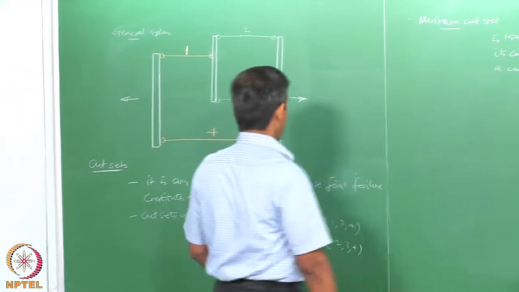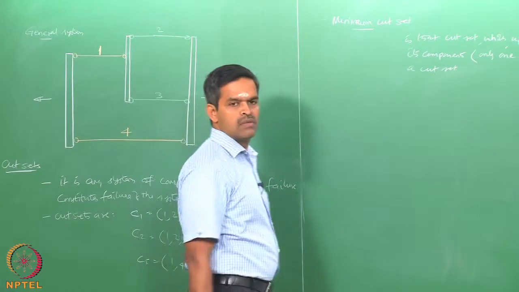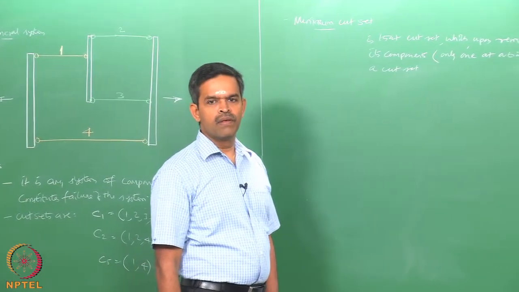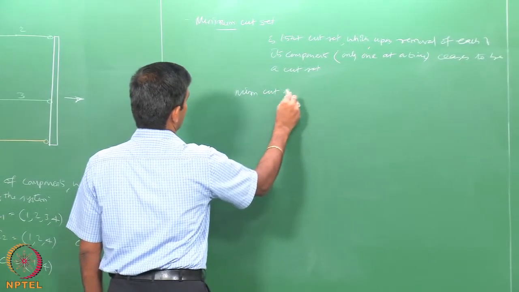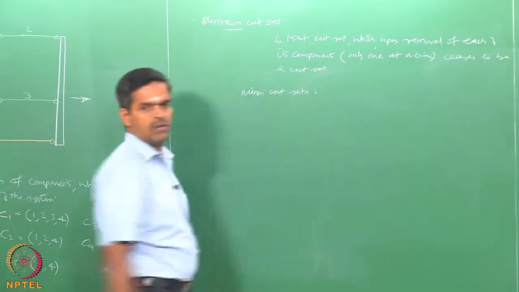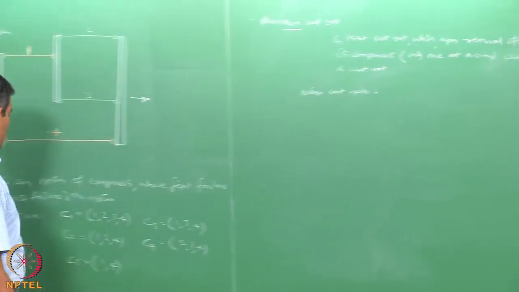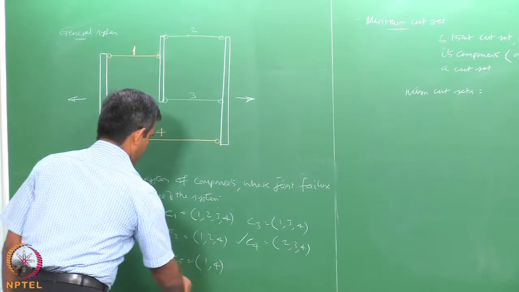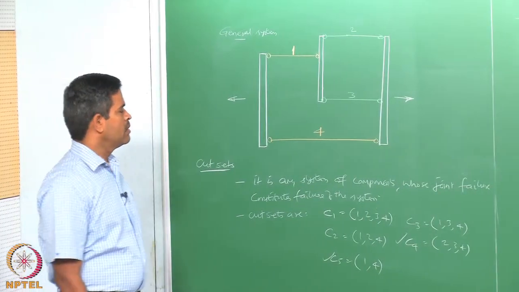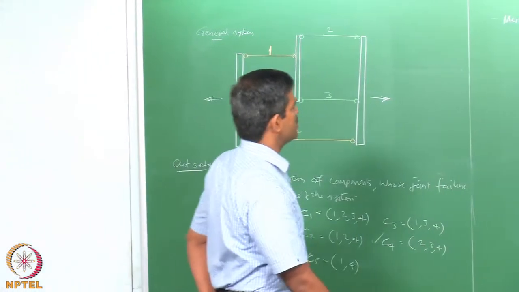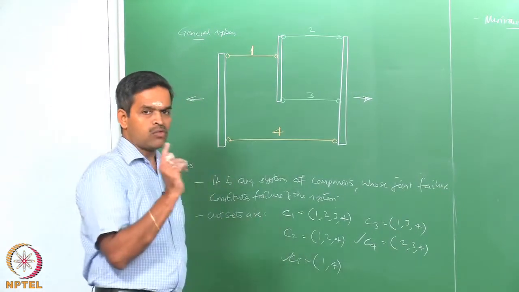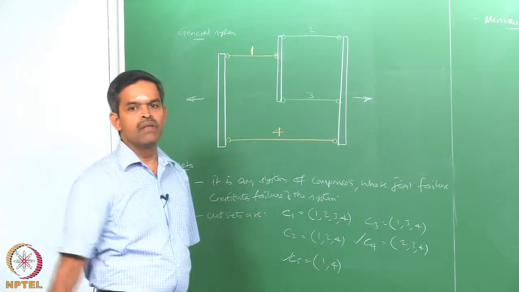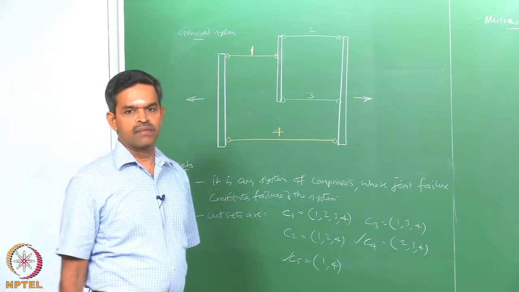Therefore, referring this to the figure on the board here, the minimum cut sets could be C4 and C5. These are the minimum cut sets. So, a minimum cut set is that which upon removal of any one of its components, or each one of the components one at a time, will cease to become a cut set.